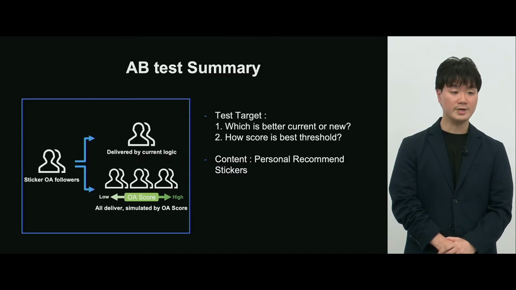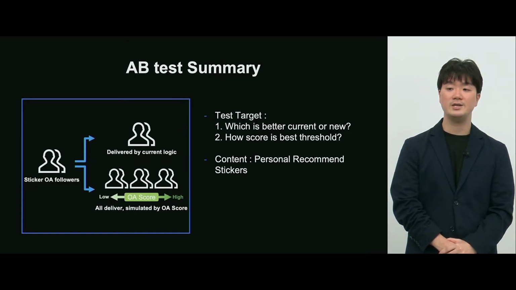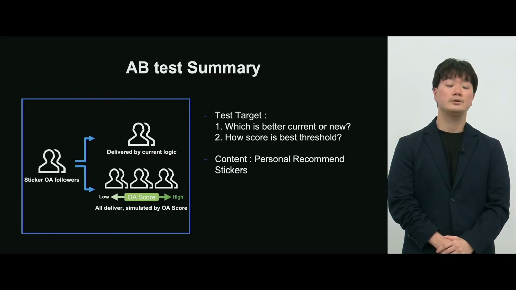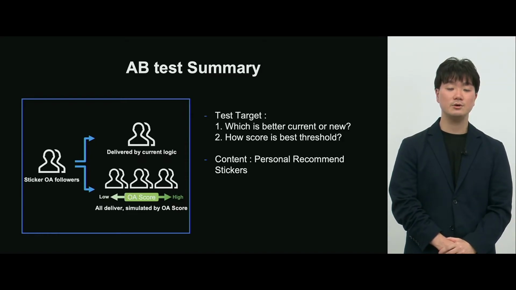That's what we wanted to confirm. And in case this is confirmed, the second purpose is delivery using the OS score, and how many values should be good enough. So we need to confirm that reference value.